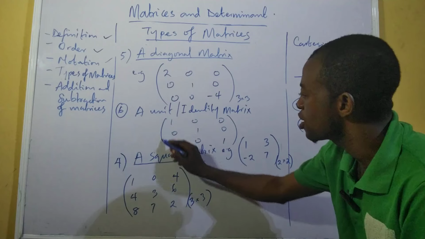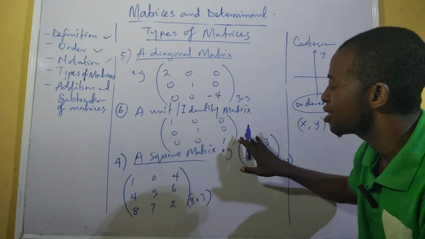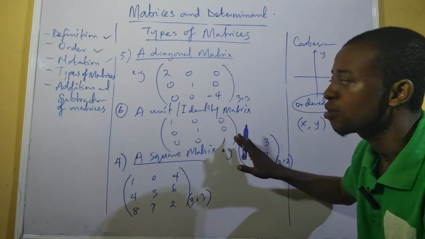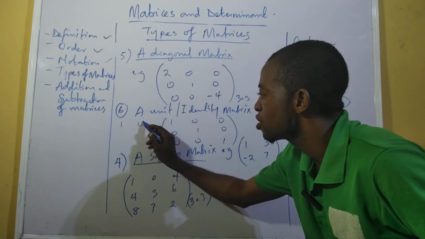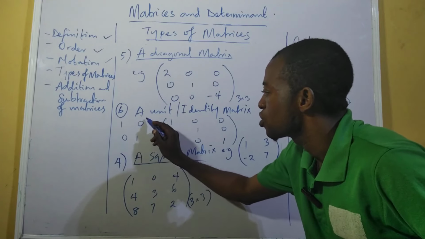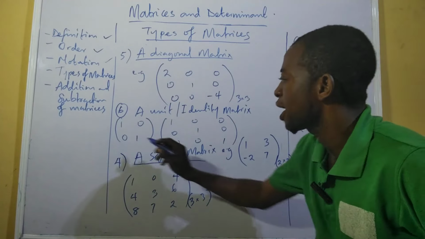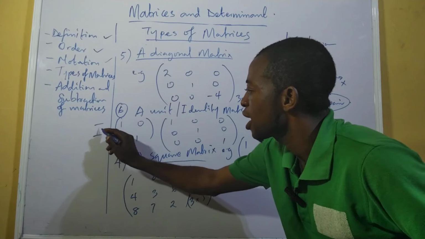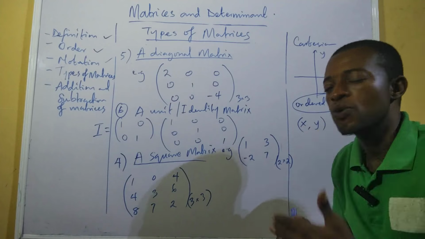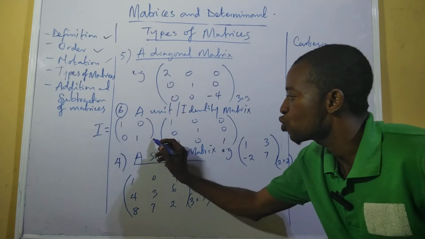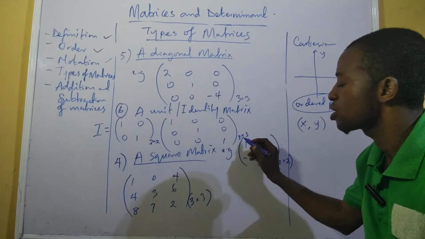All the elements in the leading diagonal here are 1. So we call it the identity matrix of a 3 by 3 matrix. If it's a 2 by 2 matrix, we are going to have 1, 0, 0, 1. So this is the identity matrix, and sometimes it is denoted by I. It depends on which I we are talking about: it might be for a 2 by 2, or for a 3 by 3 matrix.